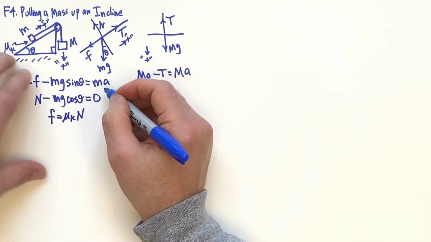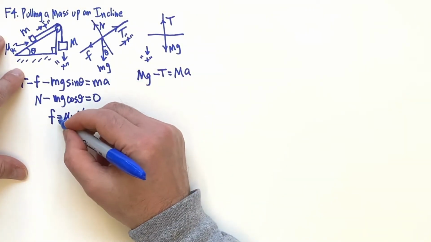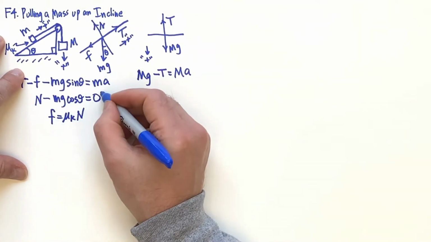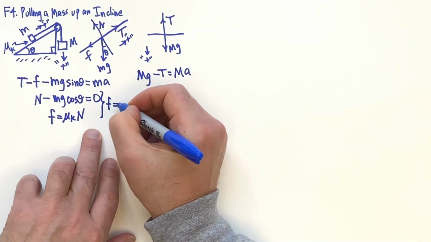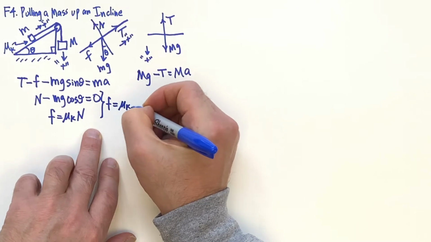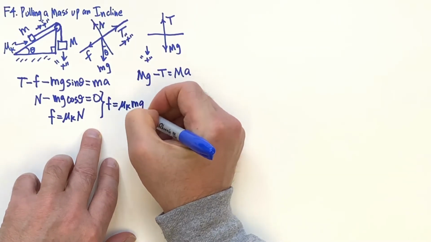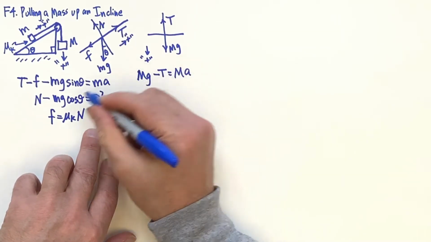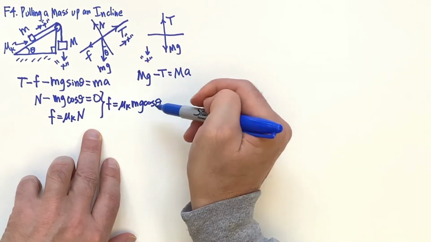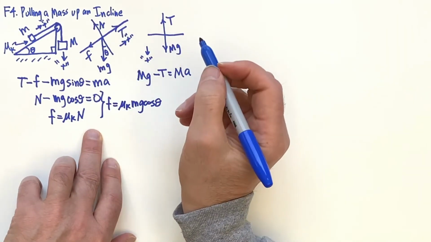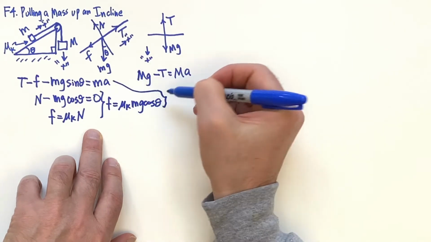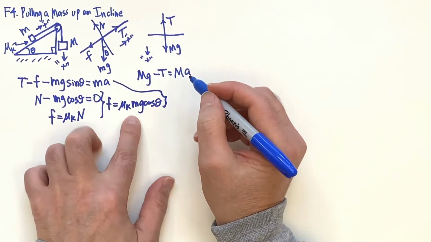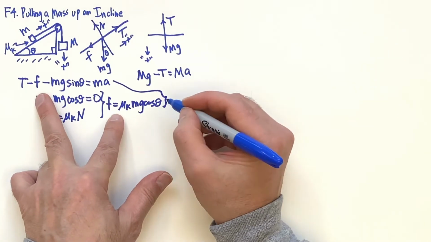All right, using my solution method, I like to go bottom up. So I go with these two to get that the friction is mu k mg cosine of theta, because N is mg cosine of theta, and then plug it in to that equation, you get this. Then if you look at these two, you can substitute in for the f.